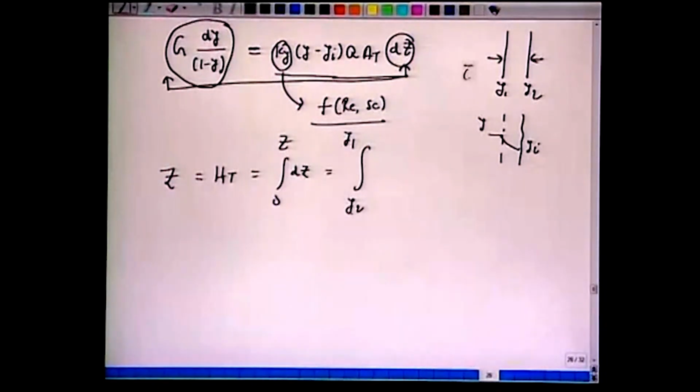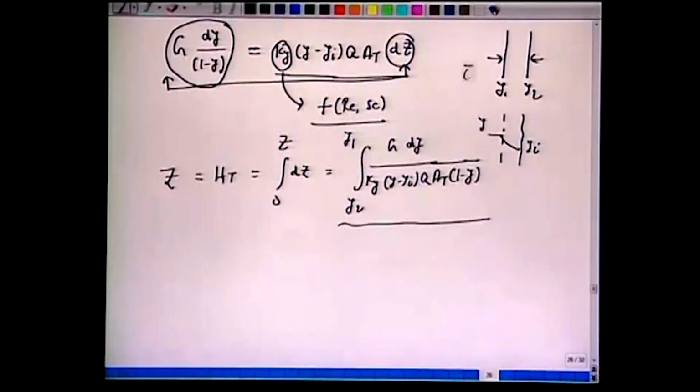Remember, y1 is larger than y2, G dy over ky (y minus yi) a times cross sectional area At times (1 minus y). So, if we can evaluate this integral, we should be able to get the height of this column.